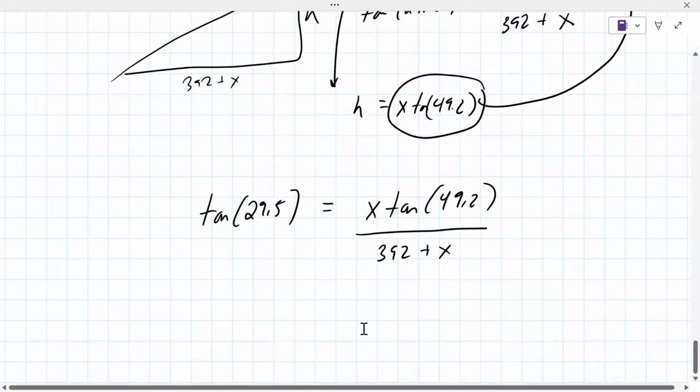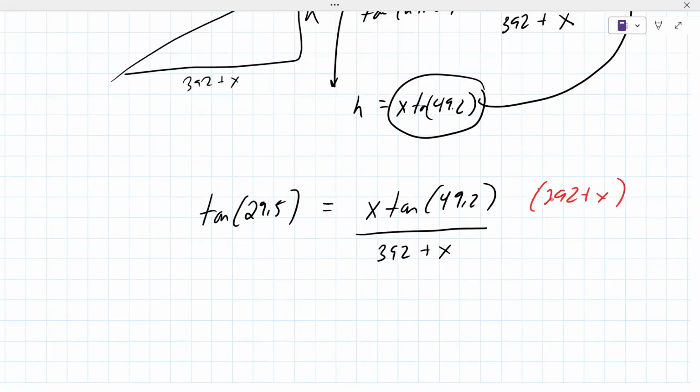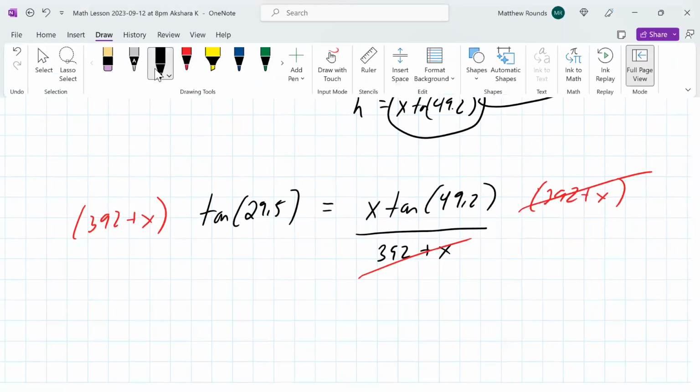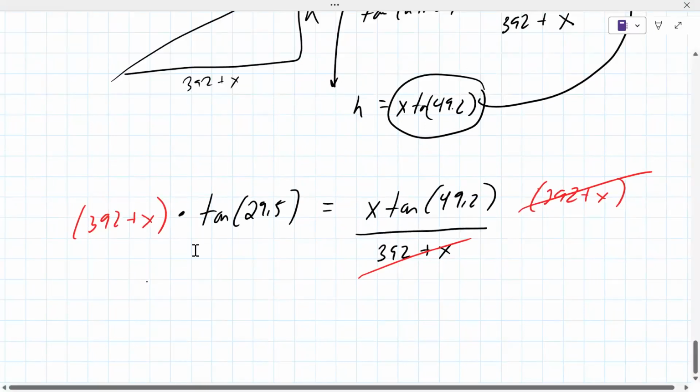No. All right, so you want to get the variable out of the bottom. The only way to do that is to multiply by the bottom. And it's good we're doing two examples of this because this is a common test question that you see. They really, really like this. On the left, you distribute this tangent 29.5 into both.